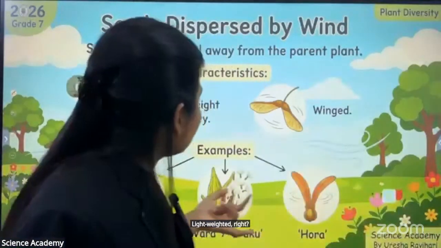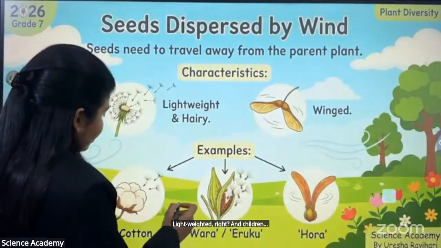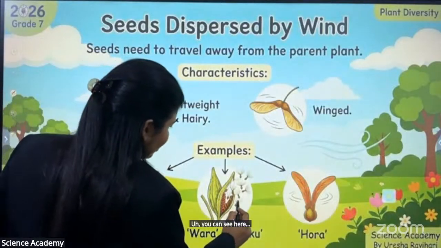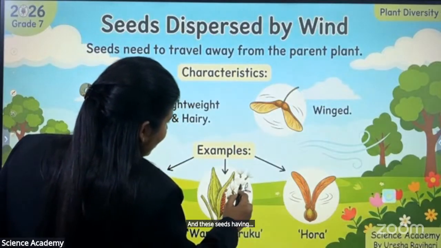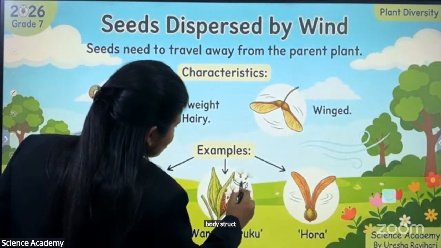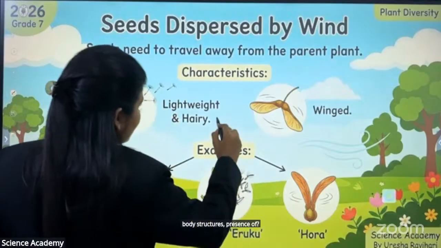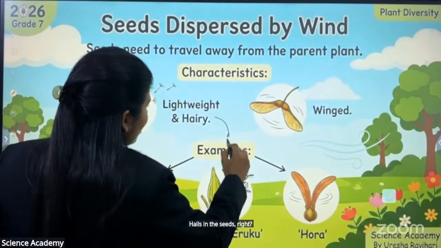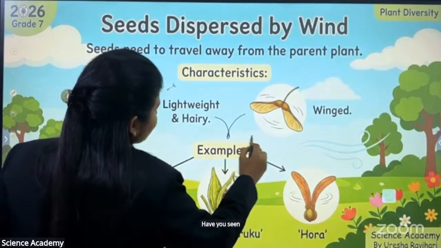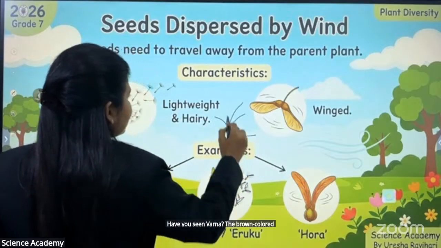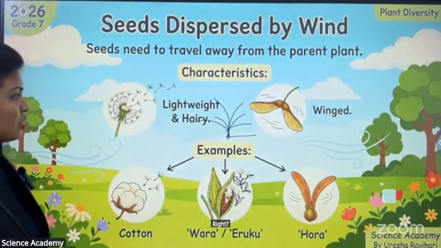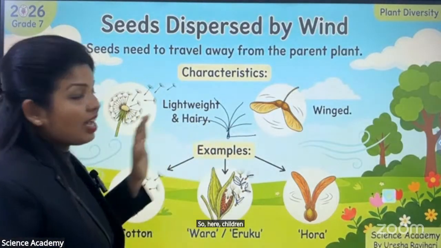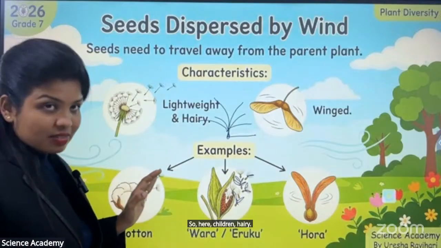And children, you can see here, these seeds having hairy structures, presence of hairs in the seeds, right? You know vara. Have you seen vara? The brown colored seeds available and white colored hairs are there, right? So here children, presence of hairs, right?